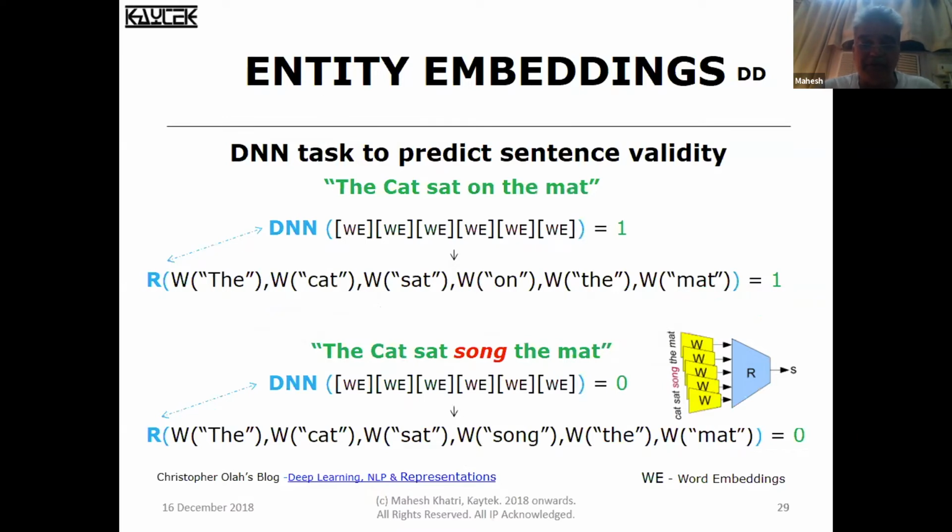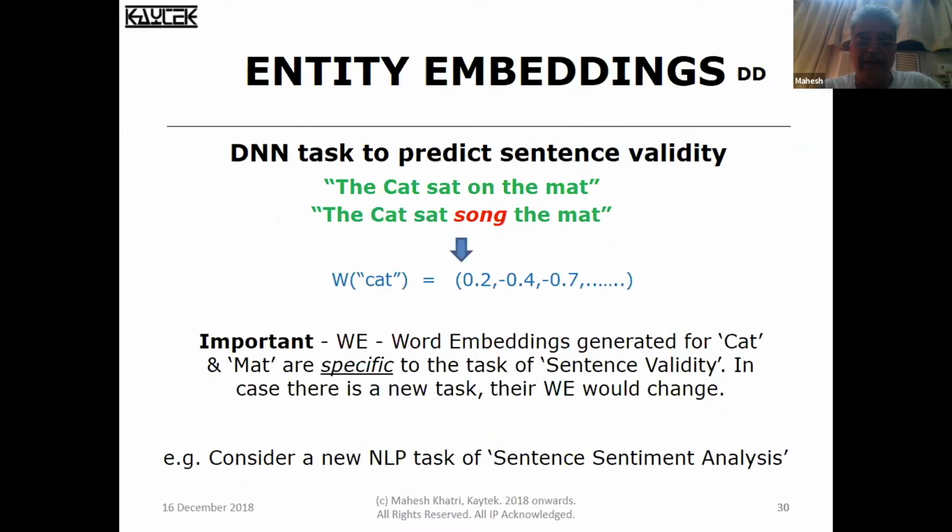So even though this slide looks very complex, it's not really. Wherever I have the function R, it is actually the deep neural network, which is taking in the word embeddings of each of the words. The top sentence it is showing a 1, the bottom sentence it is showing 0, and with the result that after the task is completed, you get an embedding calculation as shown over here.